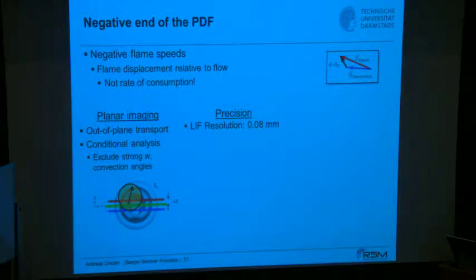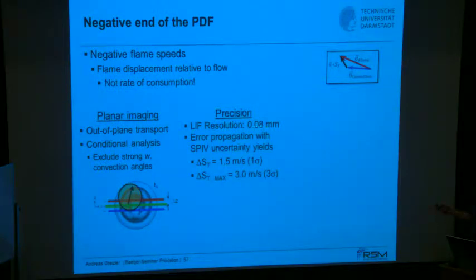We have estimated by a Siemens star the resolution of the OH-LIF cameras. The Siemens star is like the Air Force target, a structure that you put in the plane and then look which structures are still resolvable. So quite impressive, 80 microns, not bad.